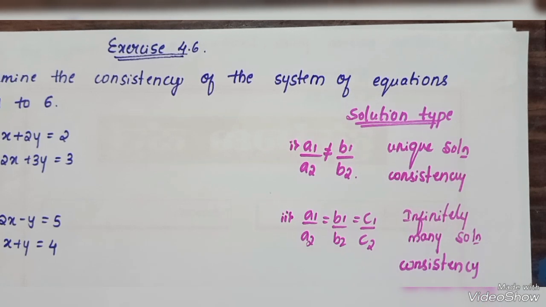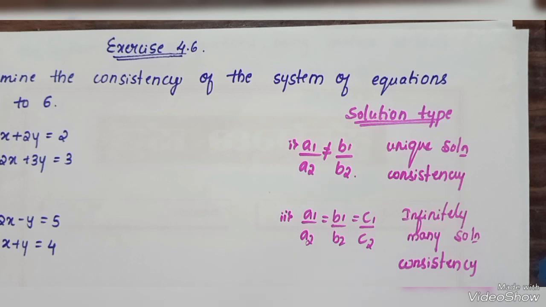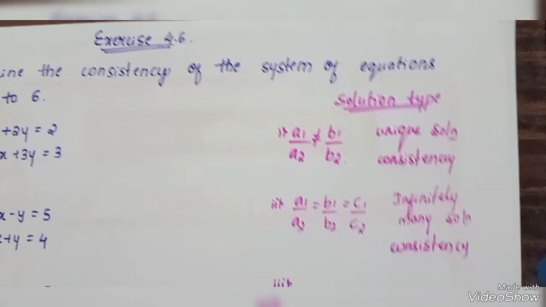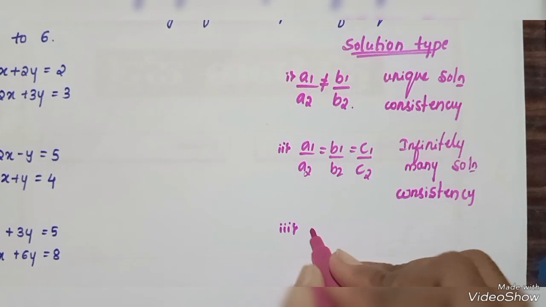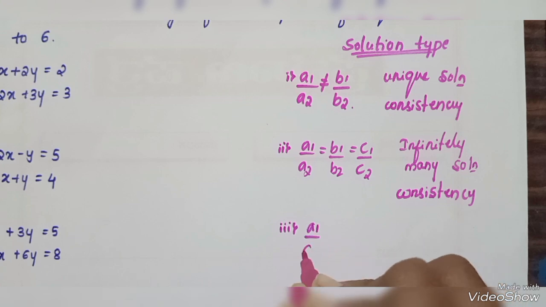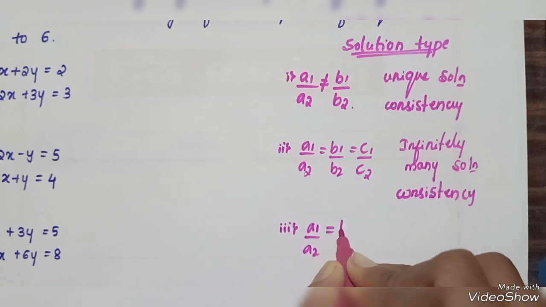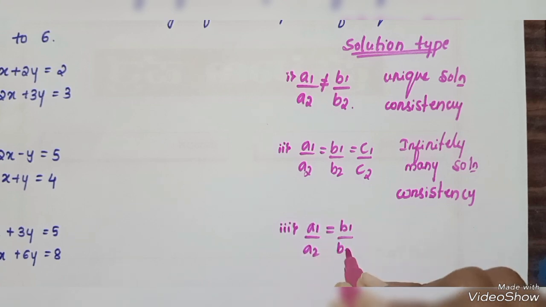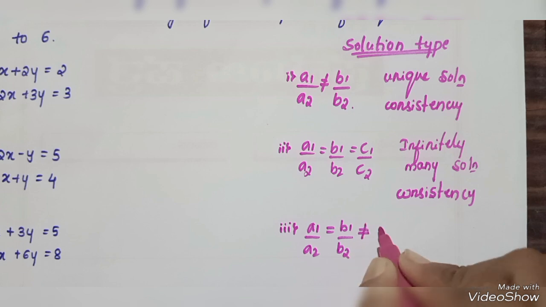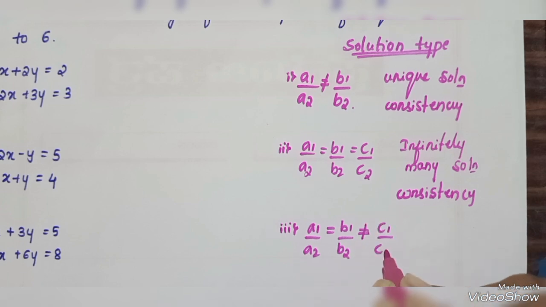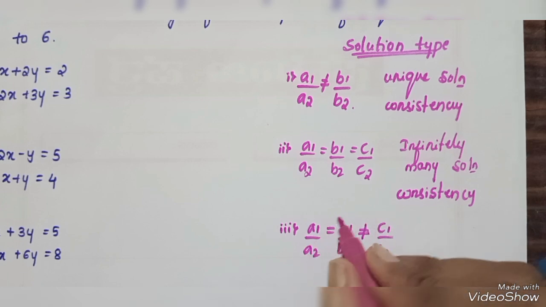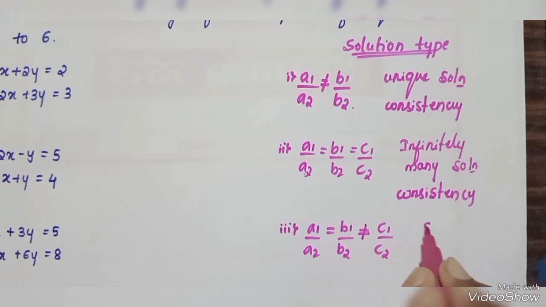Then the last, the third type, is a1 divided by a2 equals b1 divided by b2 but not equal to c1 divided by c2. For this condition, the solution does not exist.